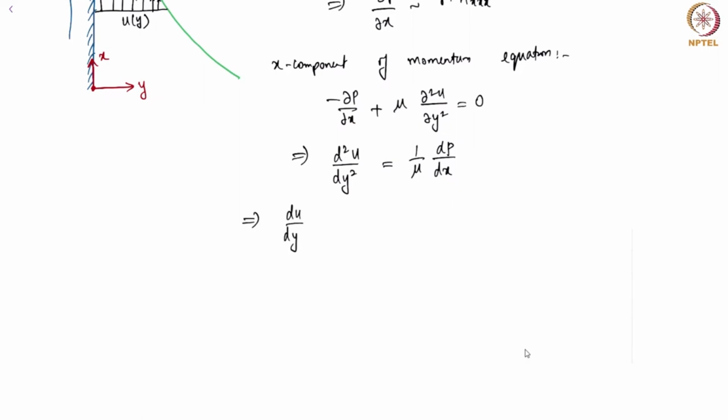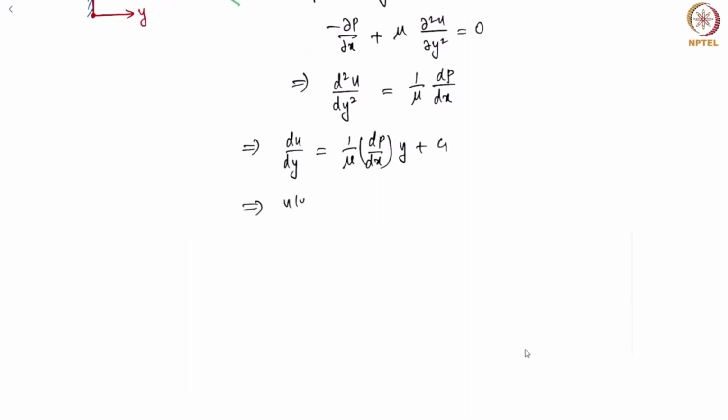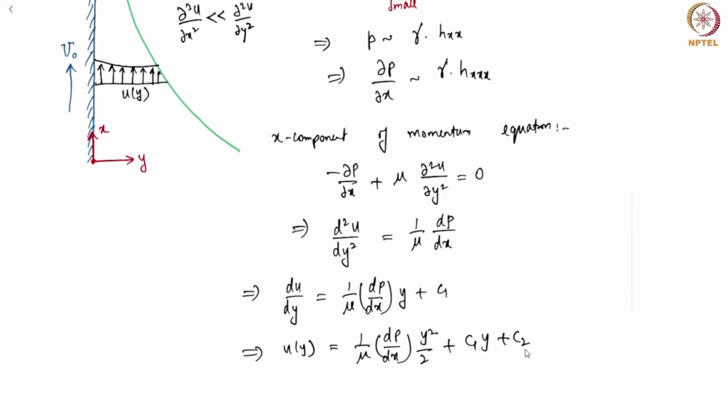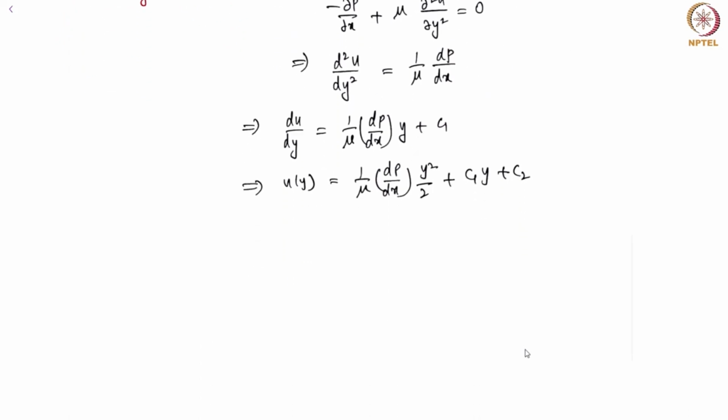If I integrate it once, I get, and integrating twice, so I've got the velocity profile. The velocity profile is not constant, but it's a parabolic shape. Okay. Now we have to satisfy some conditions to determine these constants. The first condition is, at the wall, at y equal to 0, the velocity is u naught.